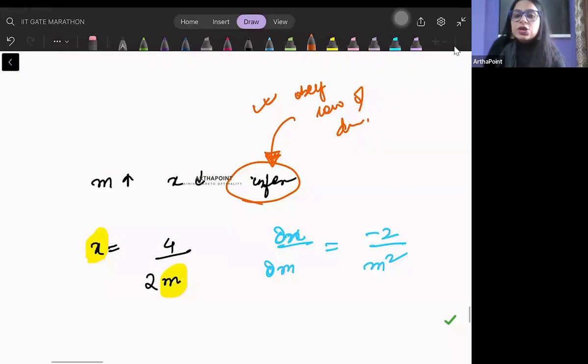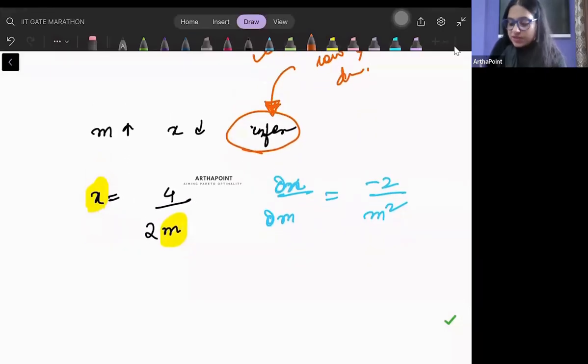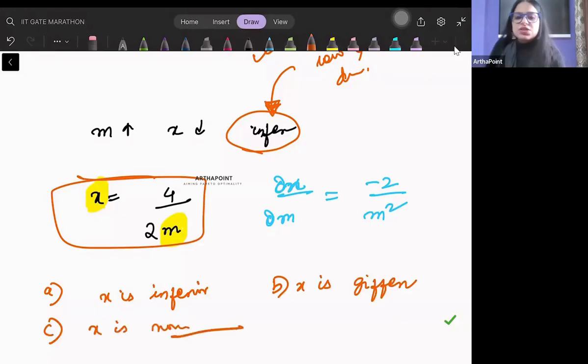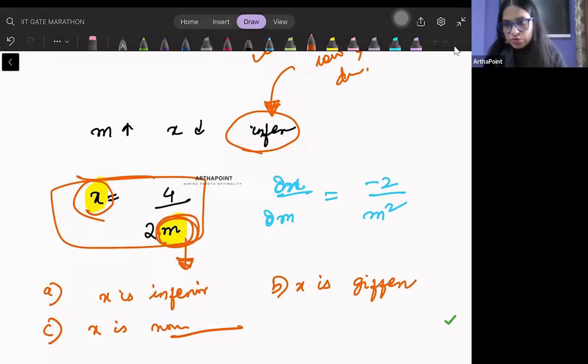This is still important. Sometimes in options, they will give you something like this, and then they will say X is inferior, X is Giffen, X is normal. Now we have to understand that this good has an inverse relationship with income, and since it has an inverse relationship with income, it is definitely an inferior good.